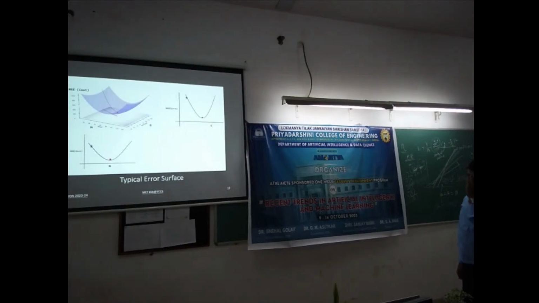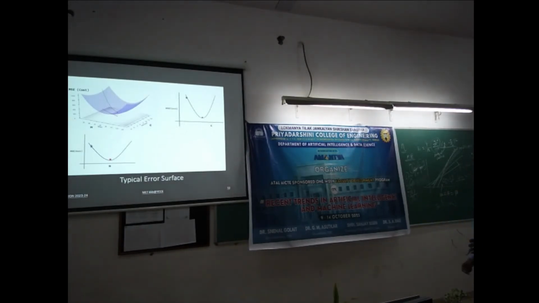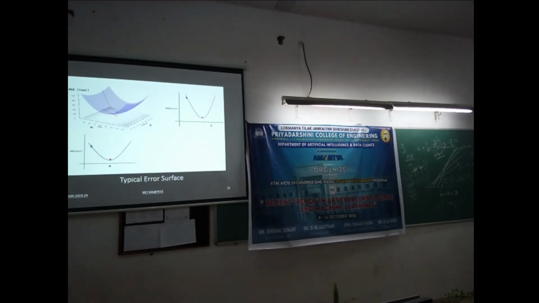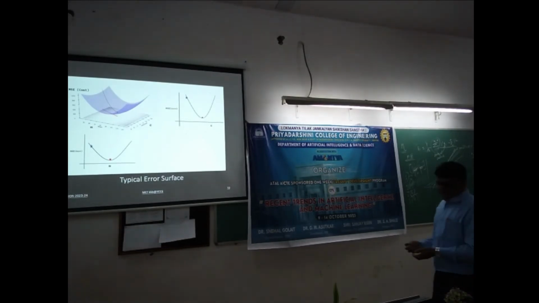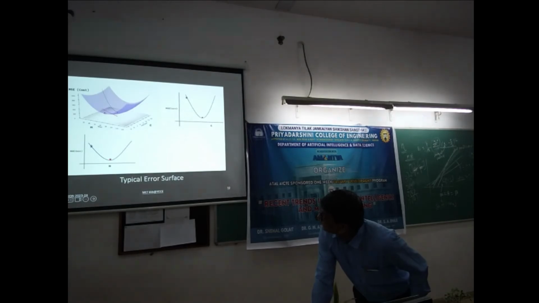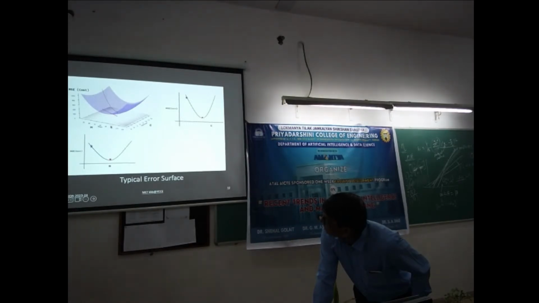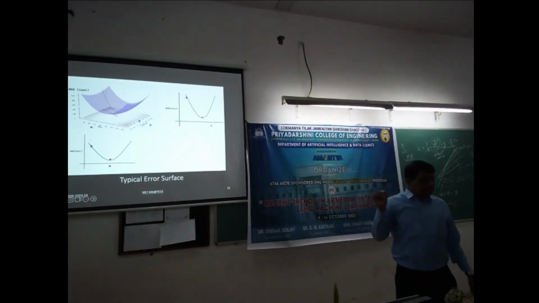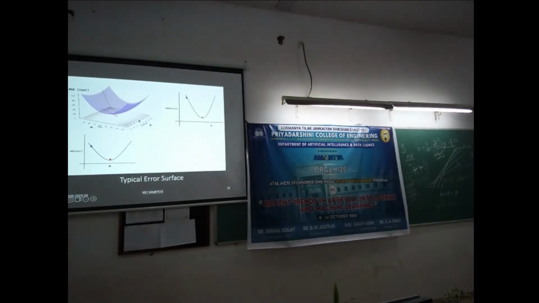Here I have drawn the diagram in three dimensions. You can see I have M on one axis, one parameter, and C on the other axis, and this is the mean squared error. Suppose this particular point is your global minimum. At this point there is some M and some C, and that is the point we are interested in, where the error is minimum.